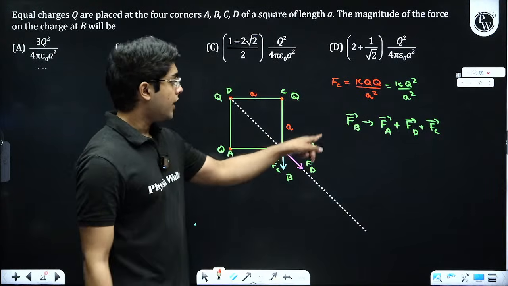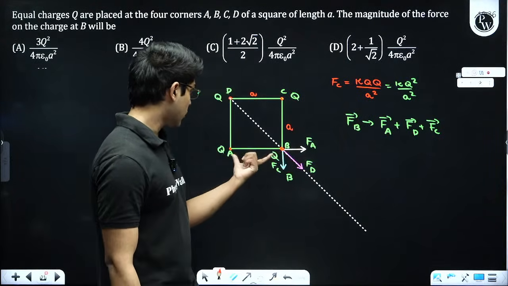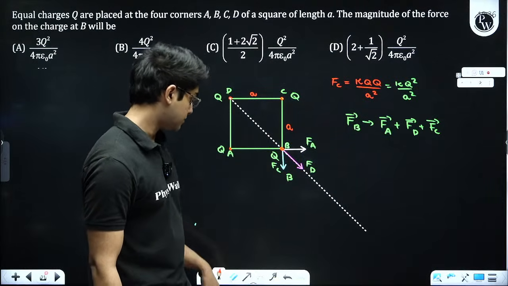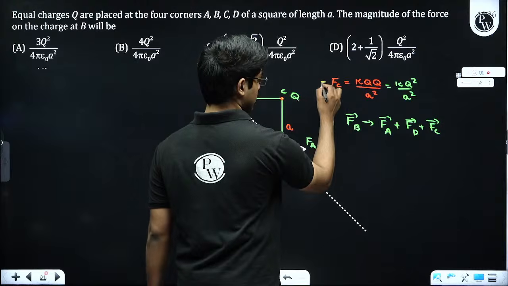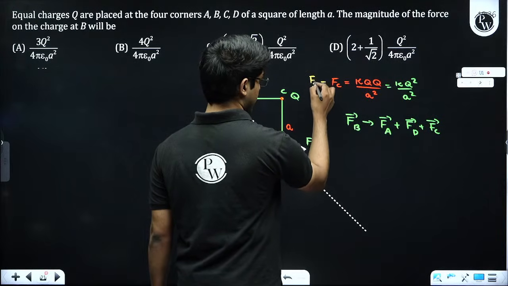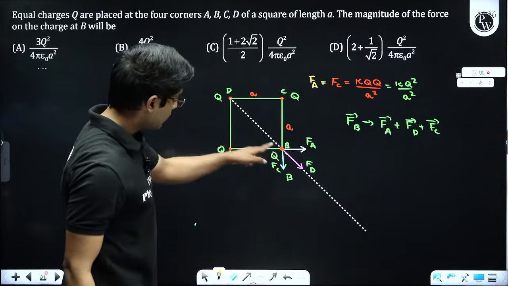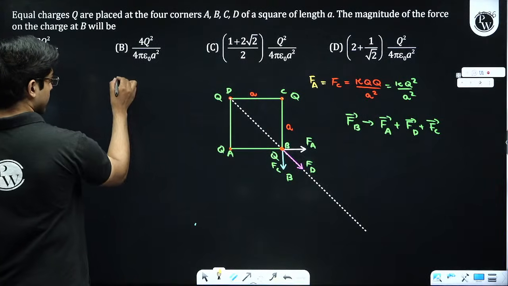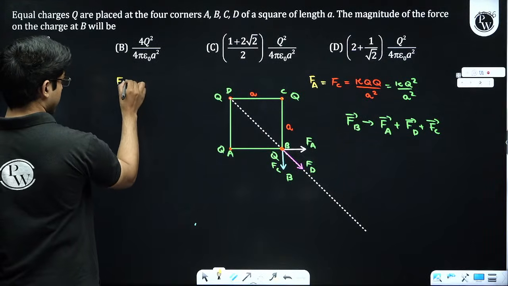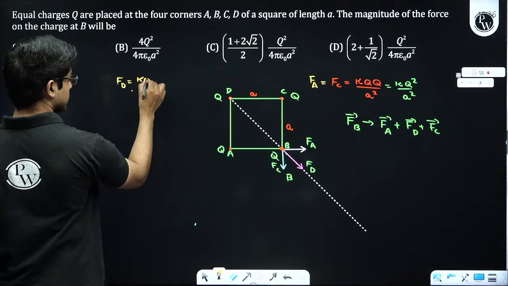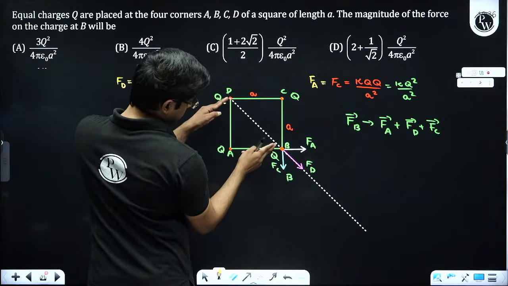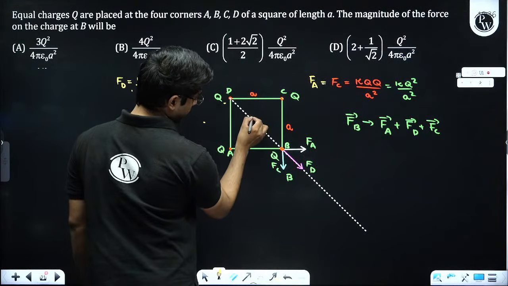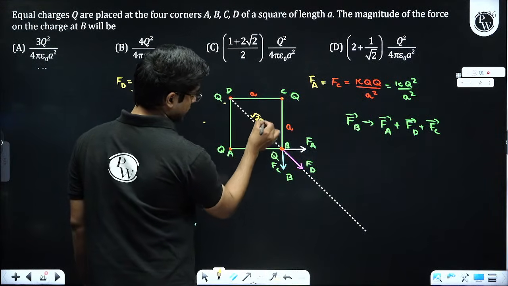So what is FA? FA is also KQ square by A square, which is basically this value itself. But FD will be different. FD will be KQ1Q2 divided by, what is this distance? This is the diagonal of a square, which is root 2a.